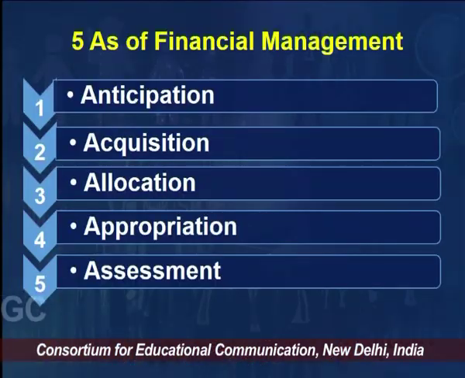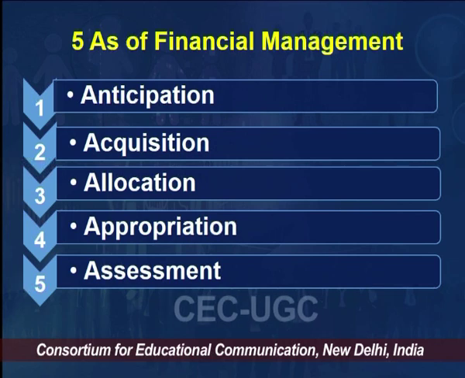The fourth A is appropriation. So what is that? Appropriation is actually distribution. In allocation we are conceptually or theoretically assigning money to different products, people, departments or areas, and in appropriation we are actually distributing the money, right?